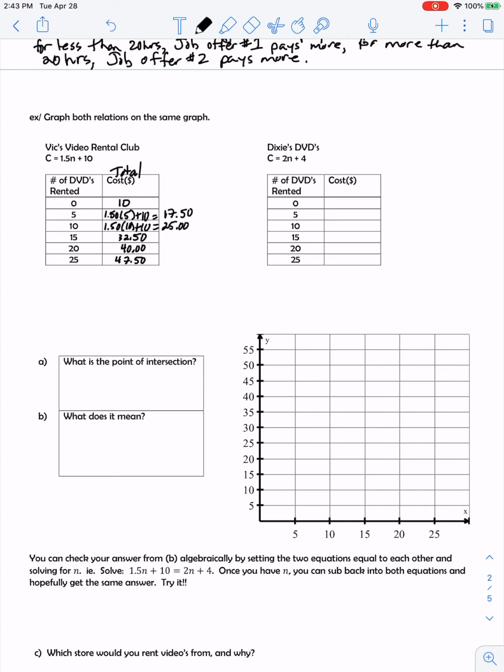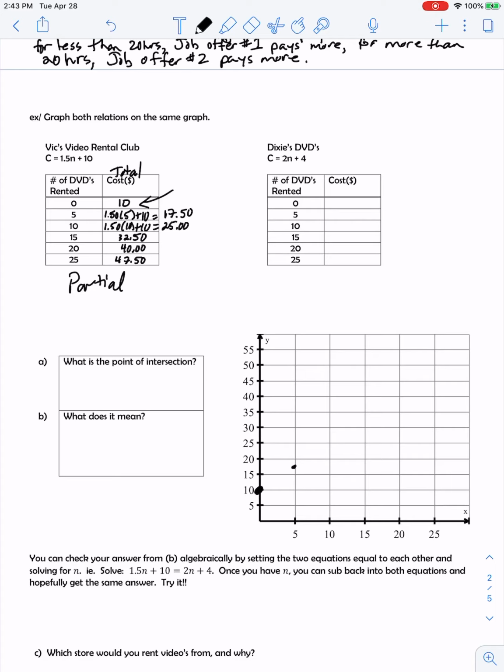Okay, so I'm going to graph that. Again, this one for Vic's, this is going to be partial variation, and that's because the 0 row has a number other than 0 in it. It's got the number 10. So 10, and then 5 of them is $17.50, which is going to be right there in the center.